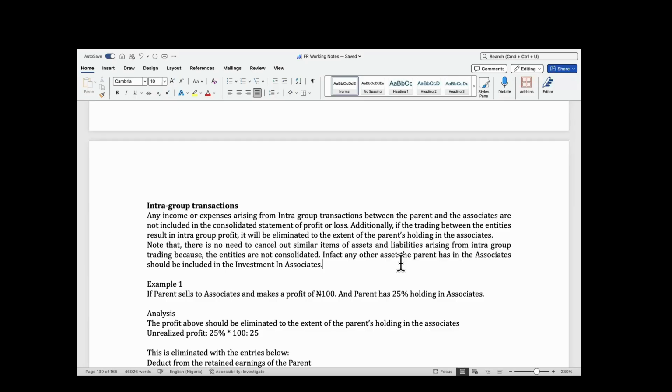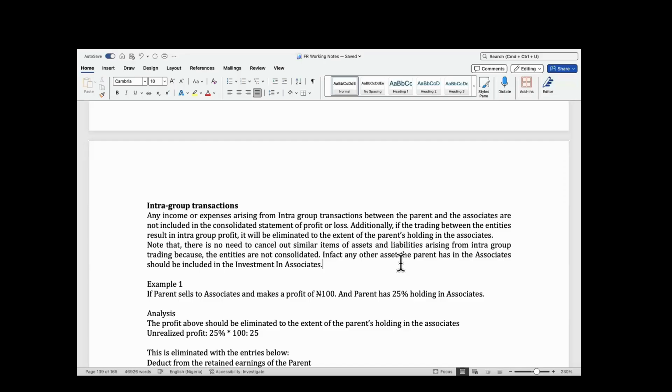You don't consolidate parent with associate, so cancellation does not apply here. So the only thing we do is if they make a profit from one another, you need to eliminate. You won't consolidate that profit. But the profit you won't consolidate is to the extent of your holding in the associate.